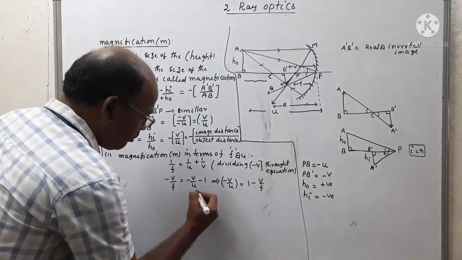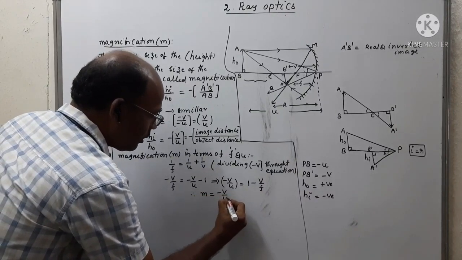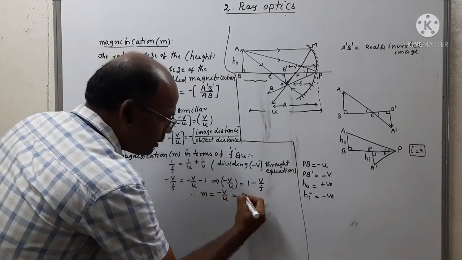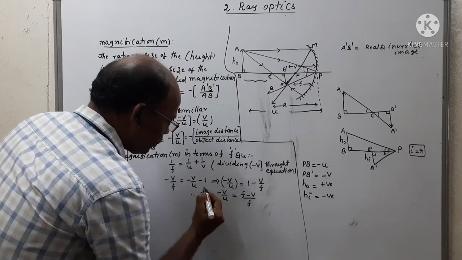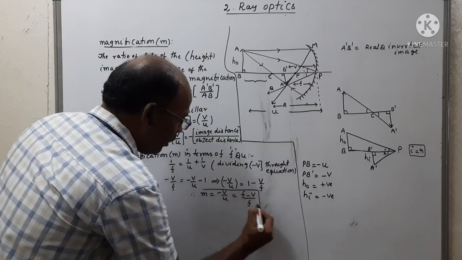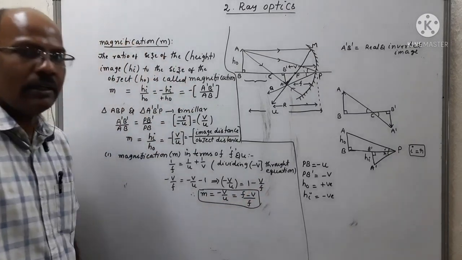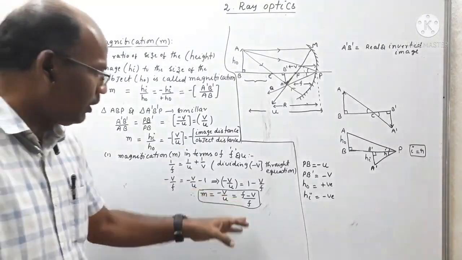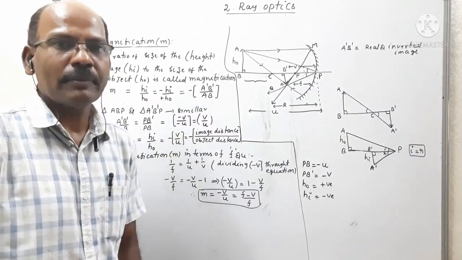Take the LCM. Therefore, m is equal to minus v by u is equal to f minus v by f. This is the one formula used to calculate the magnification, focal length or image distance depending upon the given data.